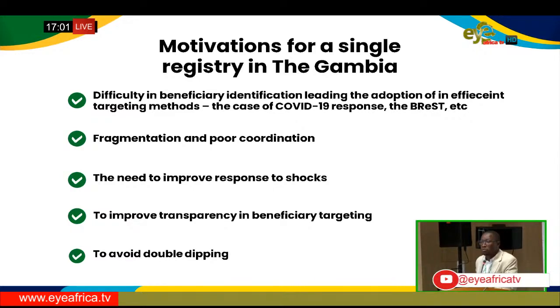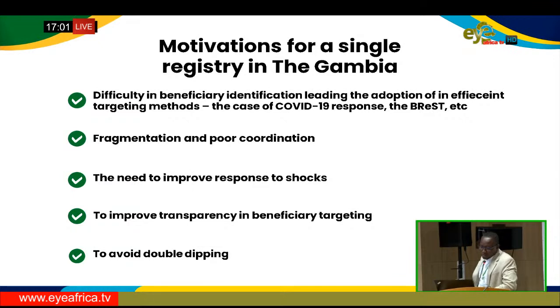If you want to know somebody's disability status, that doesn't change. If you want to know the women population of a certain area, that doesn't change. The gender doesn't change, those kinds of things. And we can get that information from the social registry too. So the social registry is not only a poverty targeting tool. It is a tool that can help you target your potential beneficiaries based on several criteria.